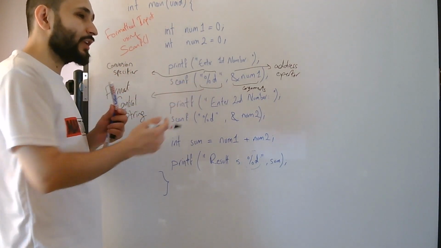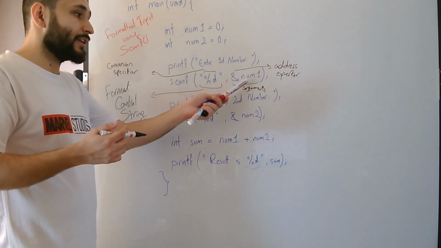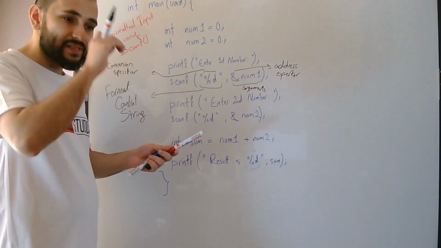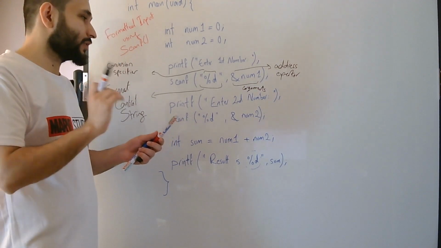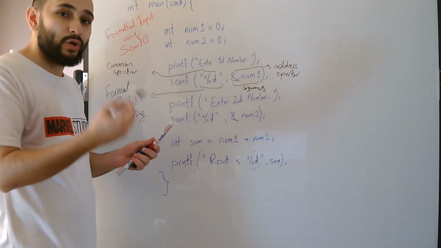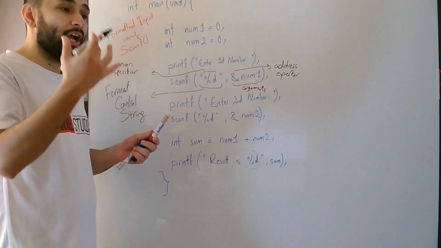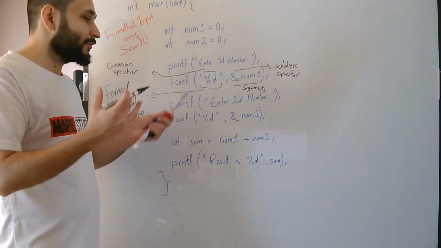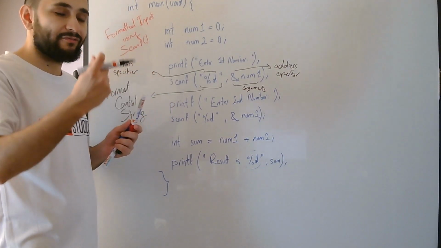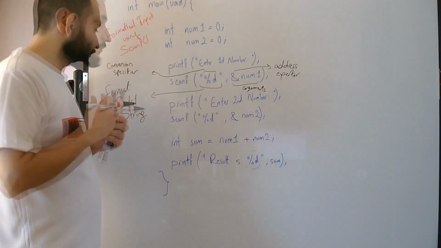So if you are entering 25 for this number, then you have to press the enter key. That's how scanf knows that the data has been completely entered, and now it's time to read it from the screen.